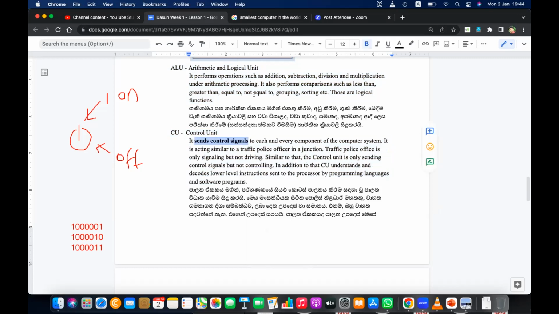The other one is understanding the low-level instructions or the machine language. Low-level instructions means machine language. In bracket, you can write machine language. Okay, that's it about CU.